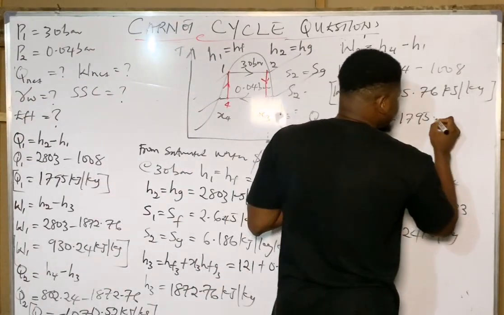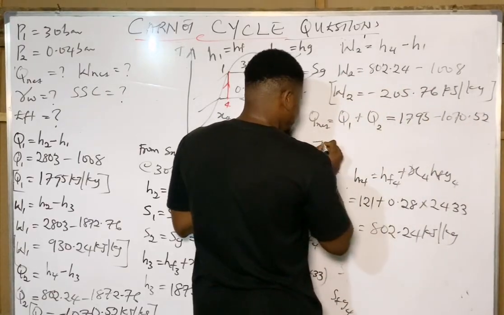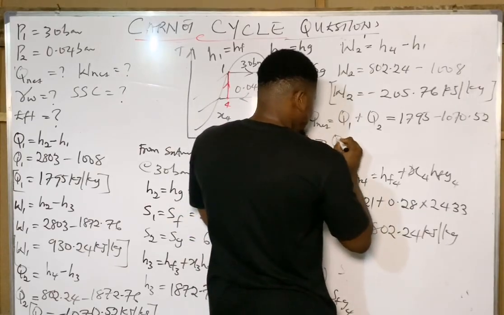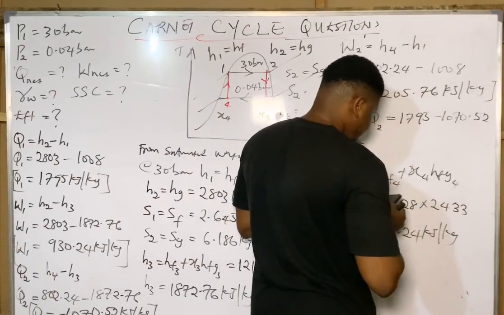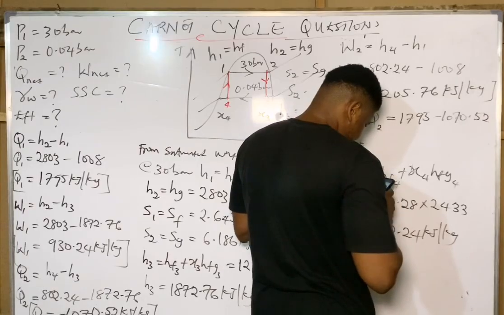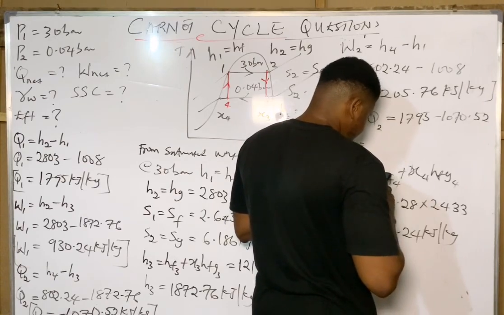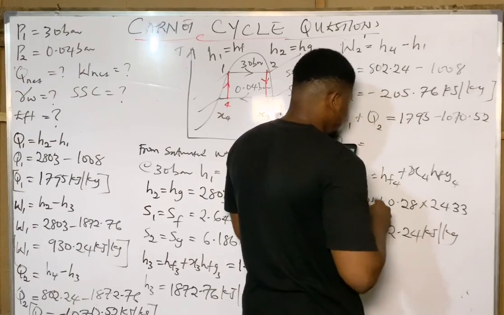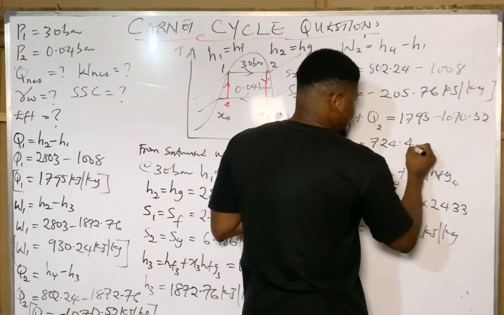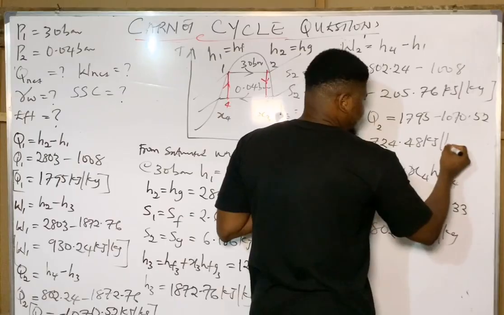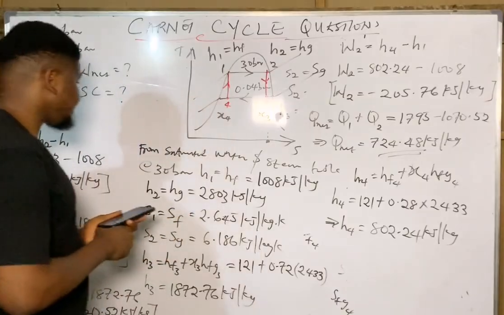So the net heat transfer is equal to 1795 minus 1070.52. That gives us 724.48. So the net heat is 724.48 kilojoules per kilogram. That's the answer to that particular question.